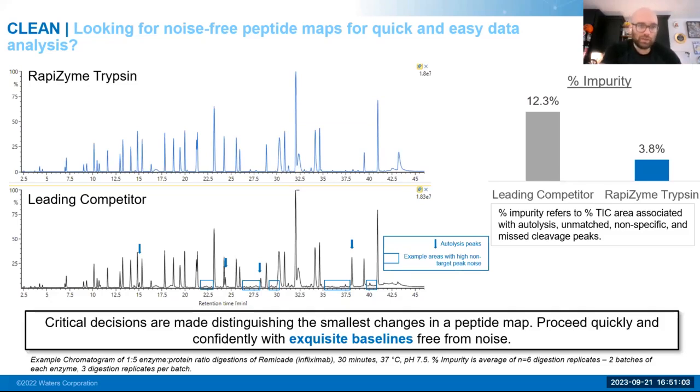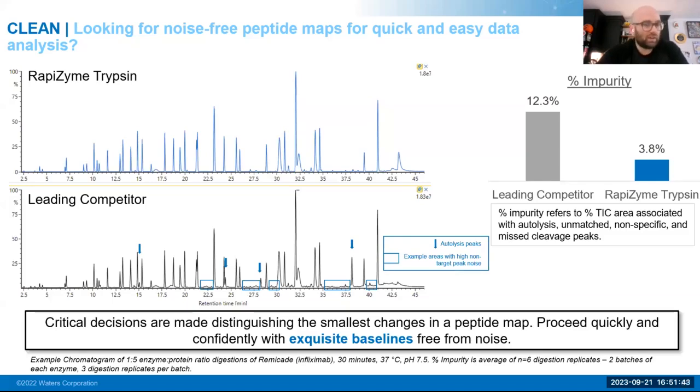One of the most critical pieces of data that we like to present to show why this is so important is the autolysis peaks that were brought up. It's one thing to have very fast separations. With the historical trypsins, you can introduce very high levels of trypsin, but unfortunately, as you introduce more and more, you can cause problems such as autolysis events, the self-digestion of the trypsin. In the bottom chromatogram, you'll see that introduces a variety of peaks that not only complicate your separations, but cause analysts to have to identify each one of those individual peaks.